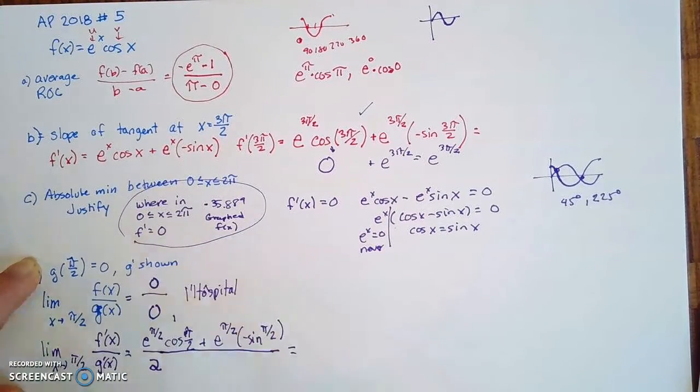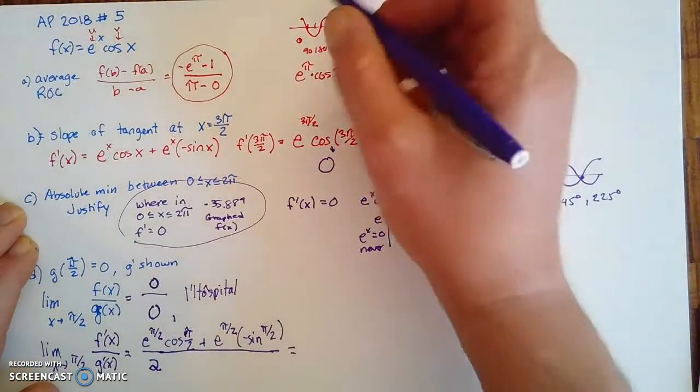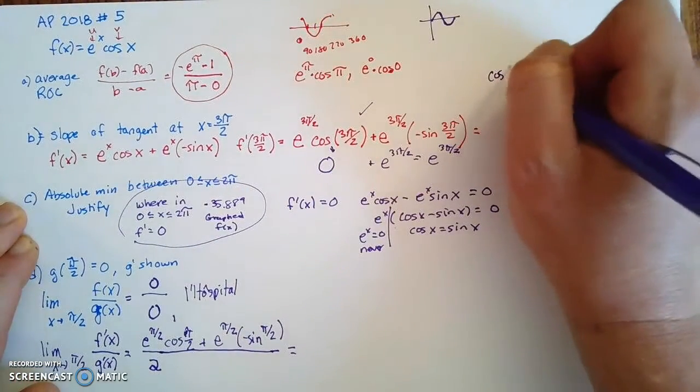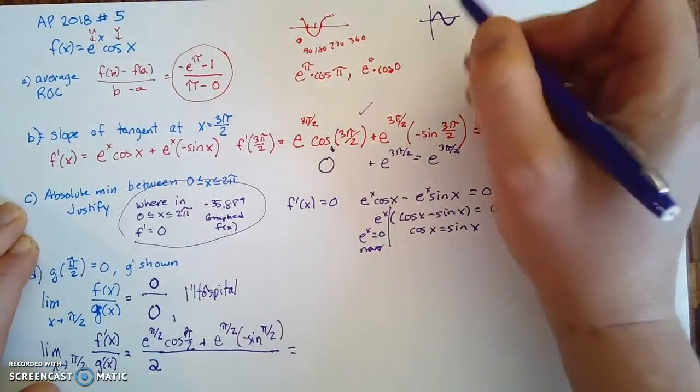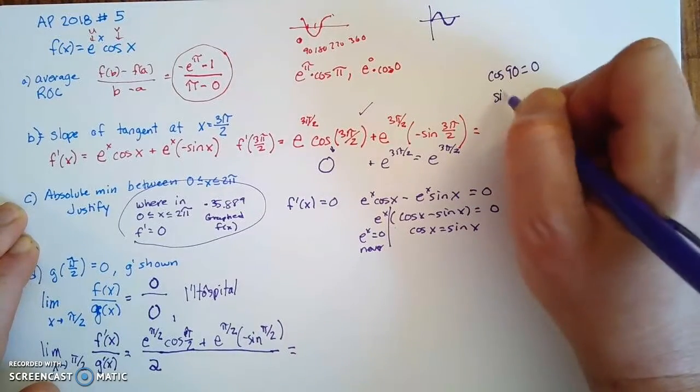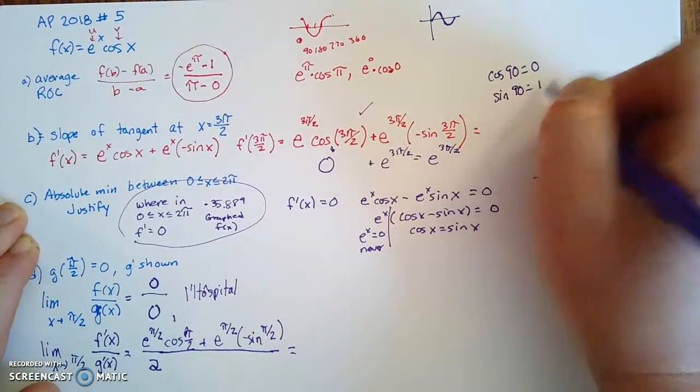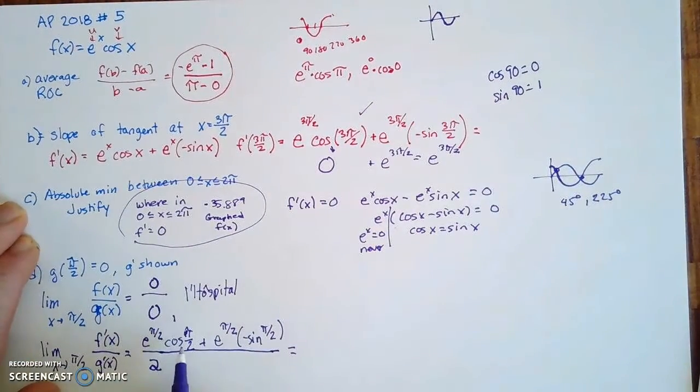I could leave that answer just like that on a non-calculator problem. You might have to put it in the calculator to get an answer. If you want to see what's going to happen, we're finding values at 90 degrees. The cosine of 90 is 0. And the sine of 90 equals 1.